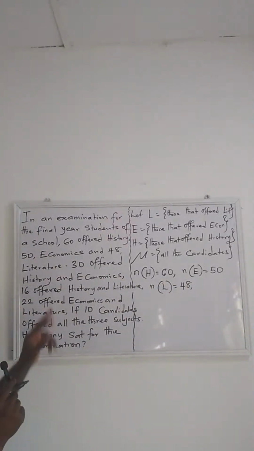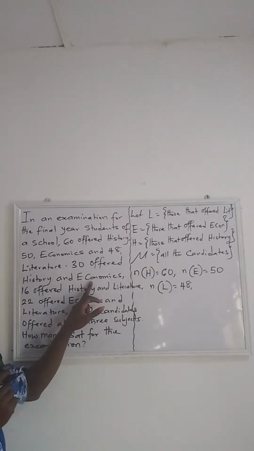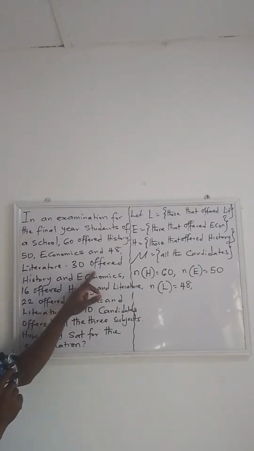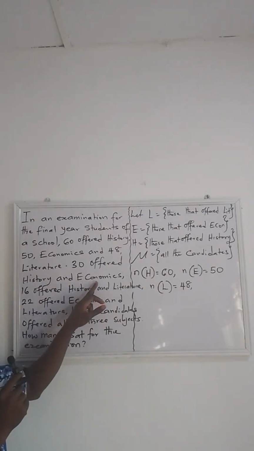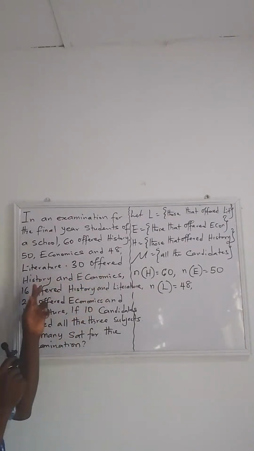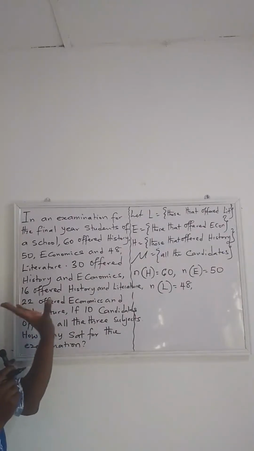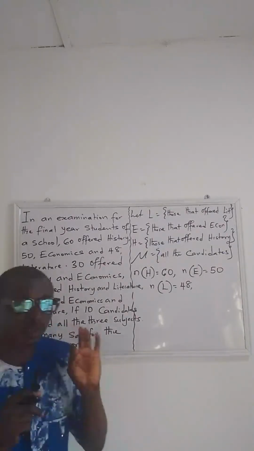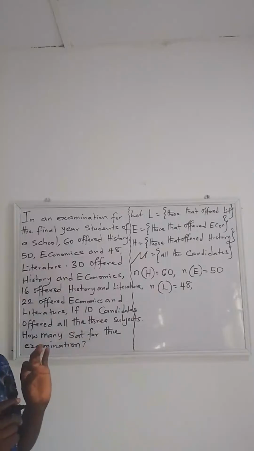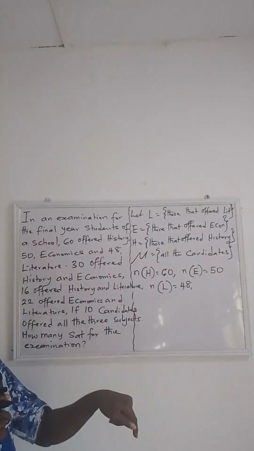Now let's move on. 30 offered history and economics. I want us to pay attention to this statement. 30 offered history and economics. These 30 that offer history and economics may also offer literature.